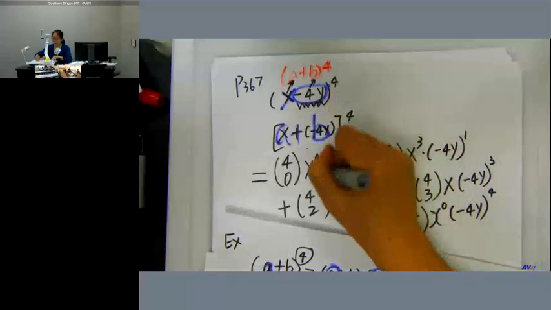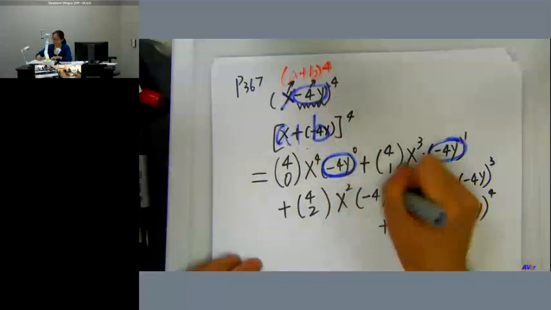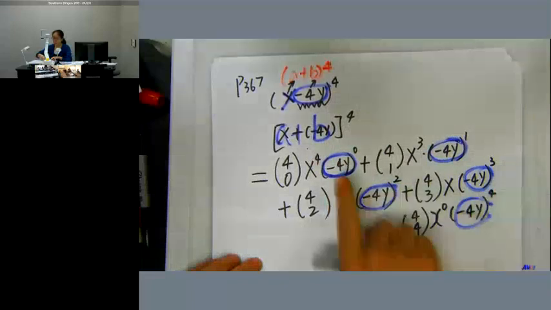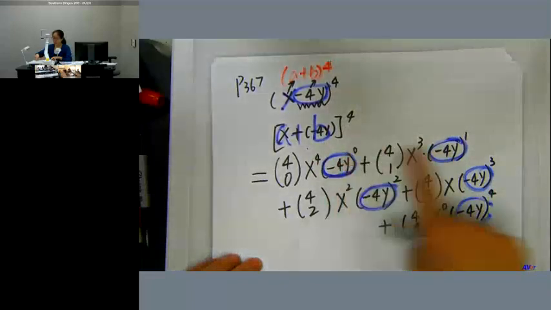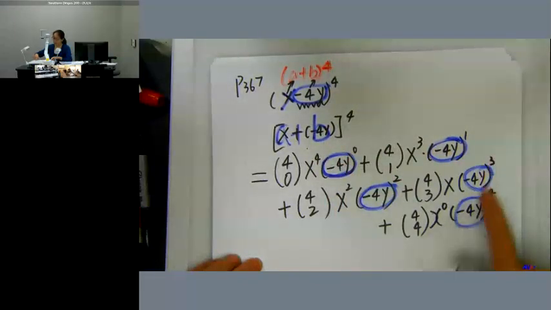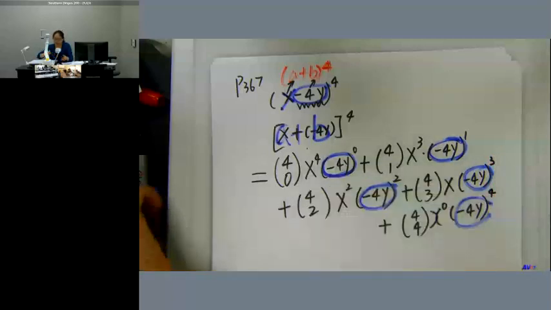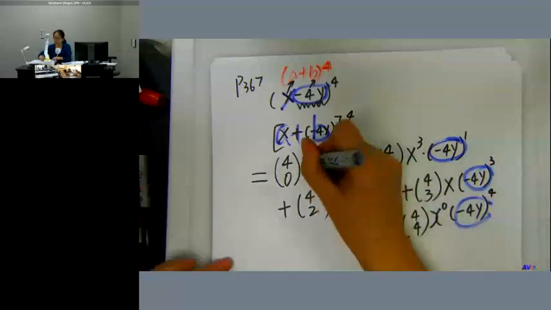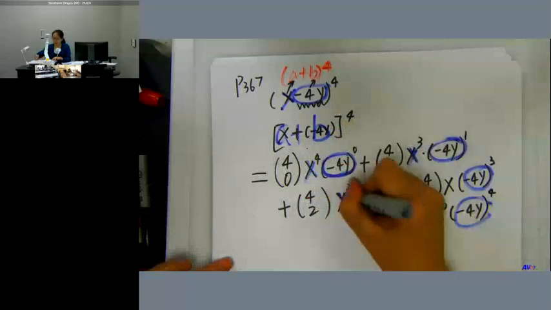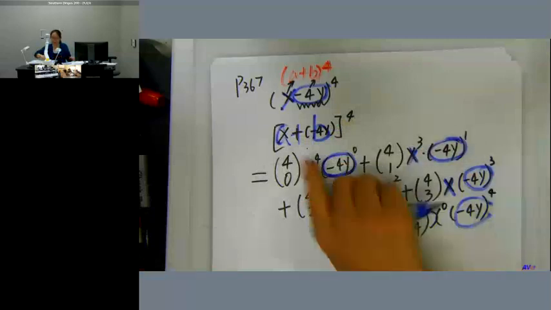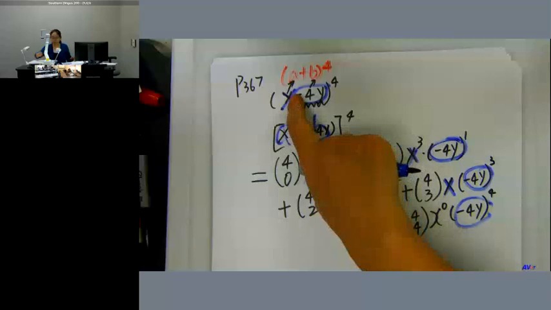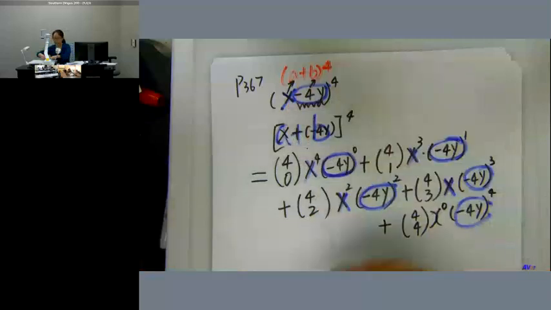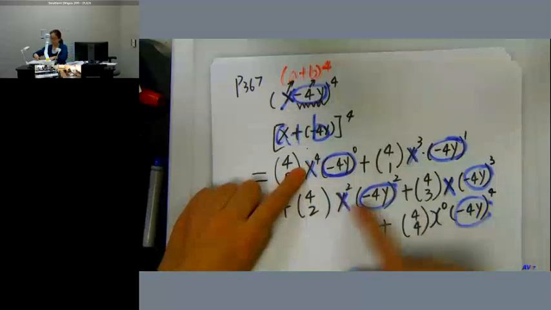So b to the 0, choose no b, choose 1 b, choose 2 b's, choose 3 b's, and choose 4 b's. And a is very easy, it's just our x. But the x I could also make it like 2x or something. Well, you would have to replace x with 2x everywhere.